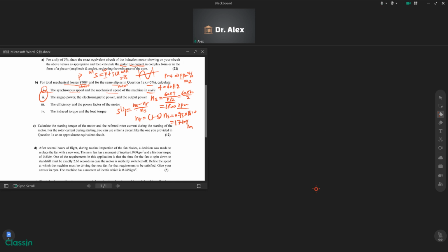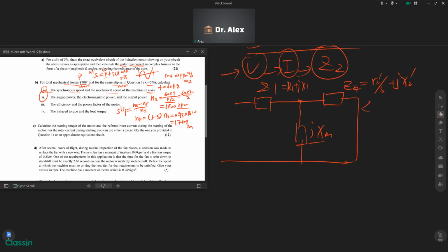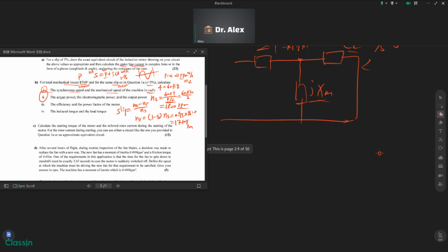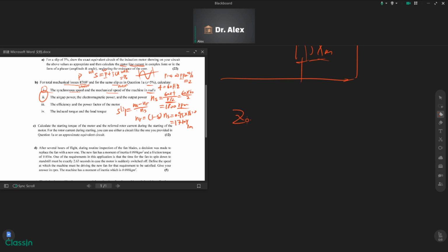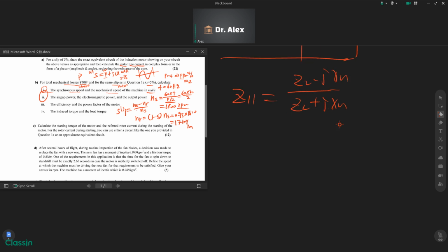All right, so we know in our equivalent circuit, Z2 and XM have a parallel relationship. So we can get the parallel value as Z2 times jXM over Z2 plus jXM. And finally, we can get the voltage applied on Z2, or Z parallel. Sorry, it should be like this.